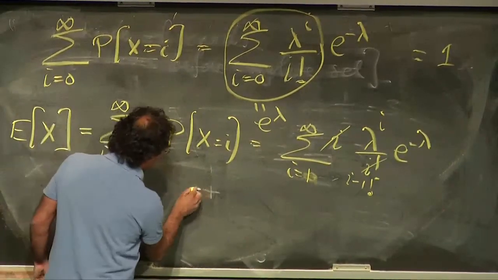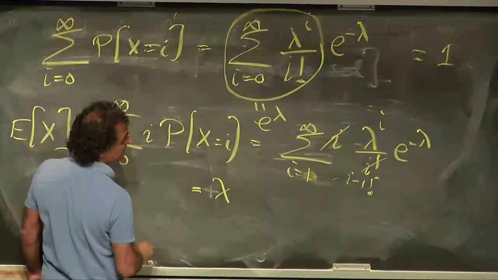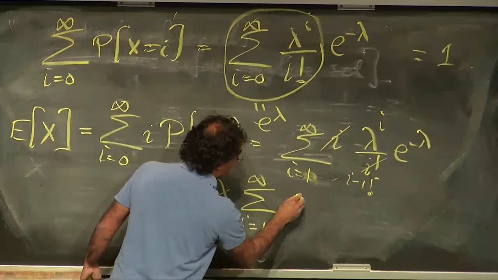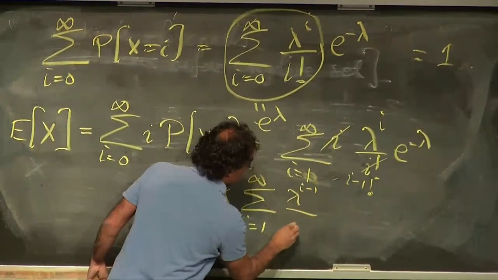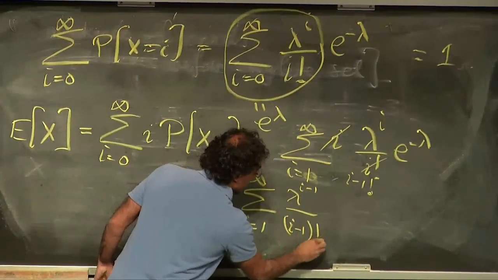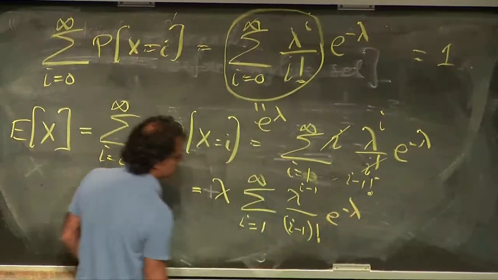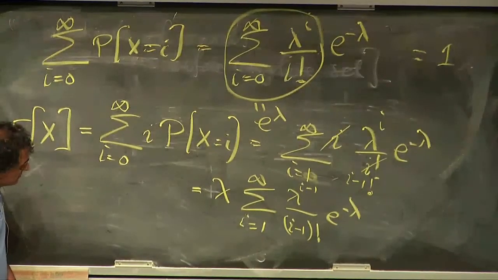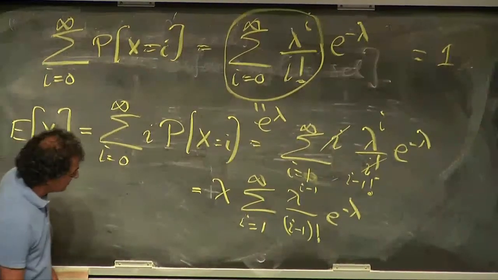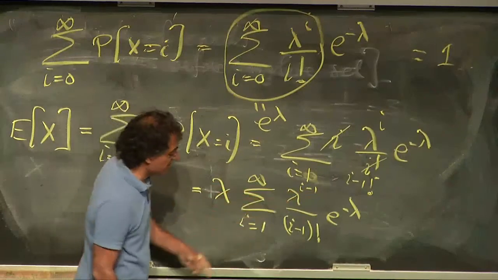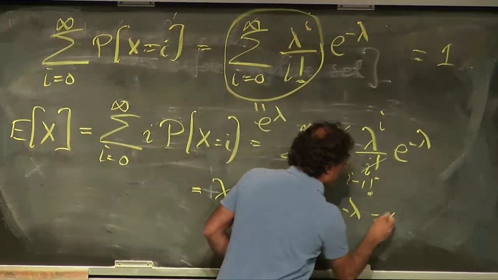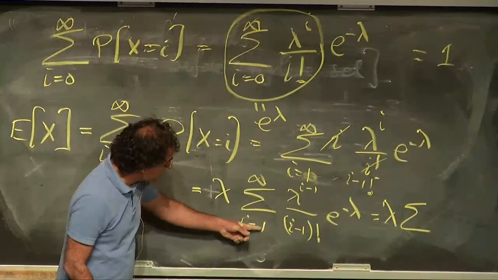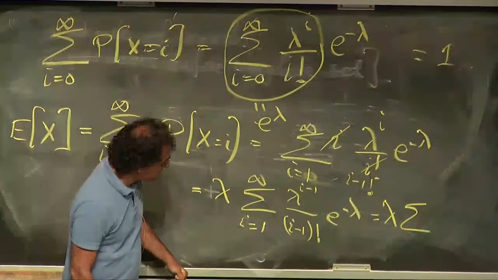And now you could pull out a lambda, and you have summation i equal to 1 to infinity of lambda to the i minus 1 over i minus 1 factorial e to the minus lambda. And now you just rename the indices, right? So you can write it as lambda times summation, let j go from 0 to infinity, j is i minus 1.